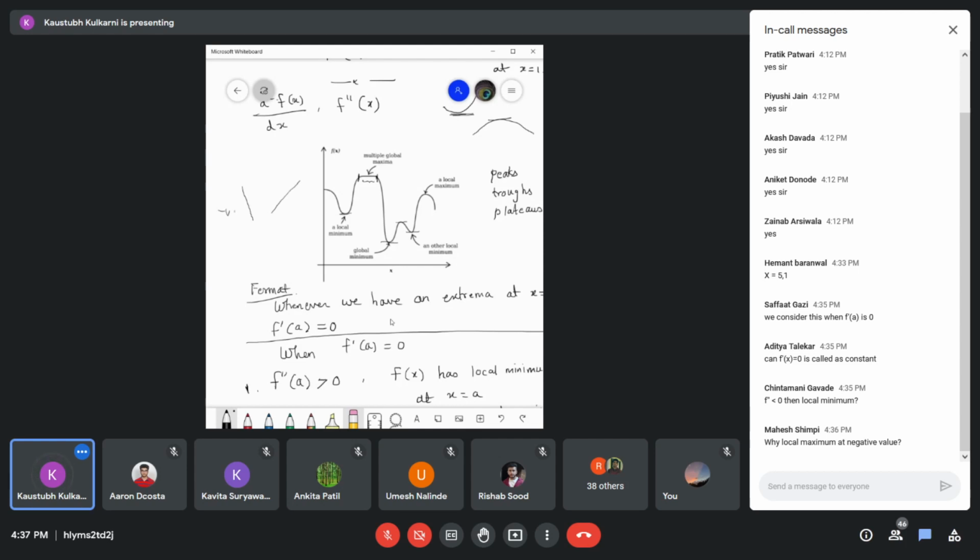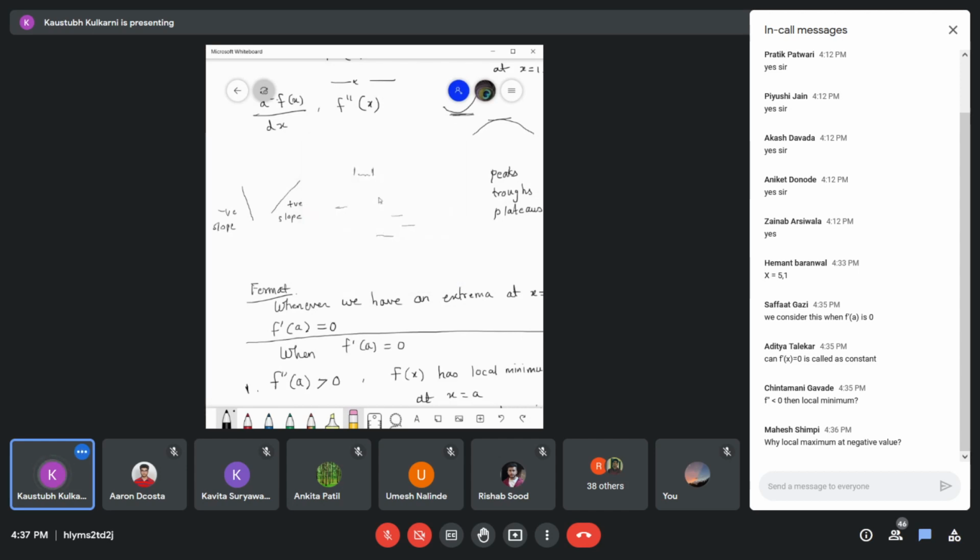We are reading the graph from left to right. x moves forward from left to right, and y increases from down to up. So this is a positive slope, this is a negative slope.